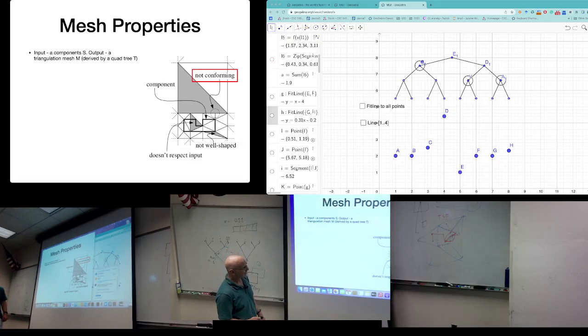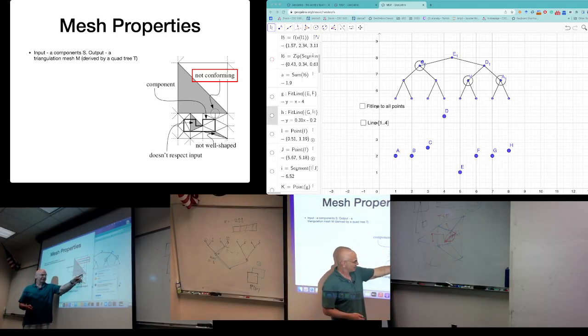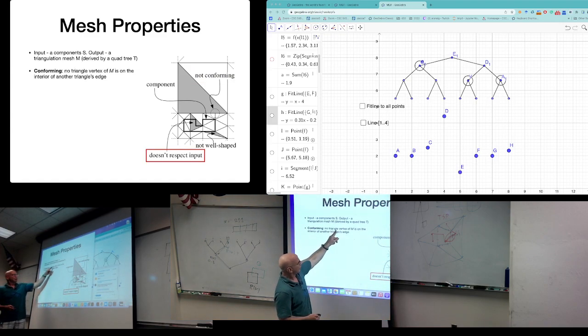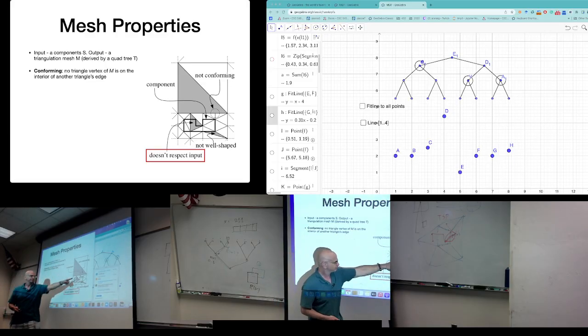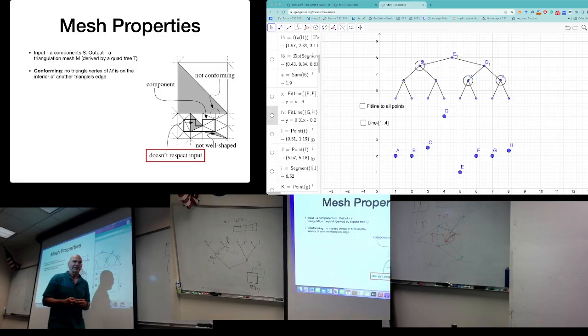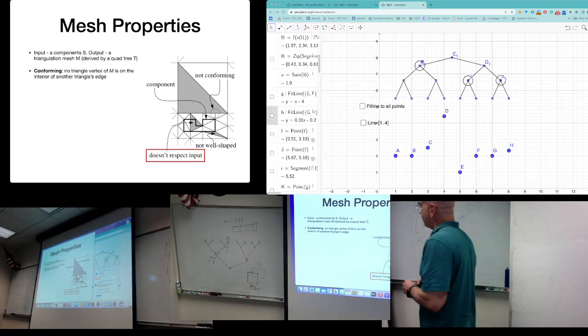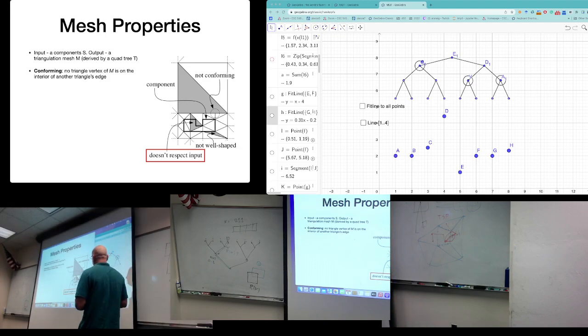So I want the edges to be conforming. Conforming means that no triangle vertex of M lies on the edge of another triangle of M, meeting just in the middle of the edge. I don't like having one vertex of a triangle in the middle of an edge of another triangle. How important that is depends, of course, on the applications you have in mind.